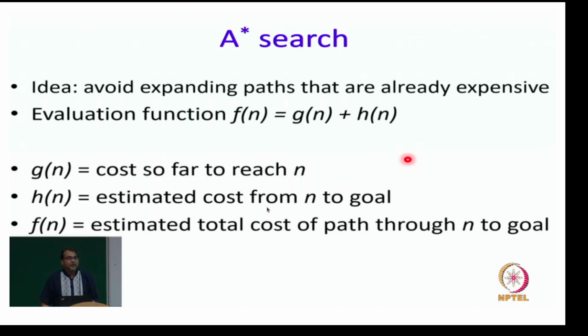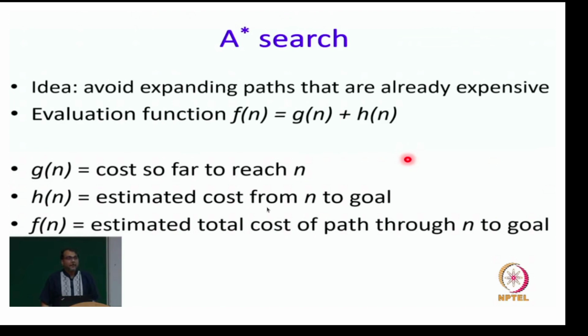Let's understand thoroughly. It says that the evaluation function of the nth node will be equivalent to g of n plus h of n. What is g of n? g of n is, from the start node to the nth node, how much cost you are bearing.